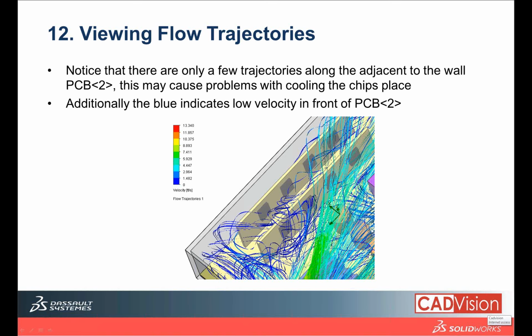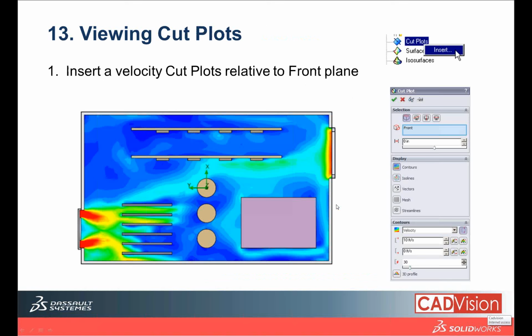Next, we can check on a cut view, a section view, of the enclosures. Cut to sections where you can see the velocities of the airflow. The white portion simply means that the velocity is high.